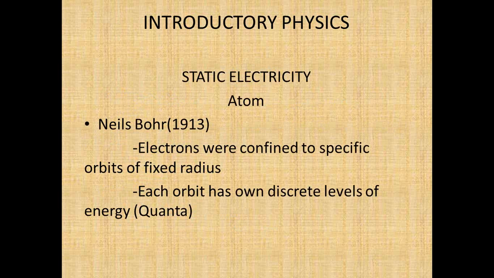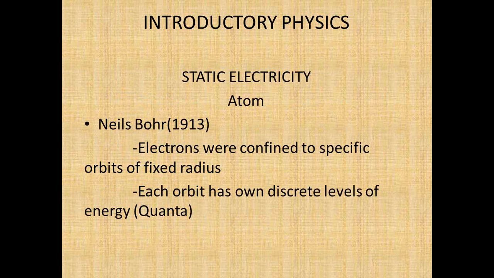Niels Bohr, in 1913, did a lot of work in this area and came up with the electron shells. So he said that electrons were confined to specific orbits of fixed radius. That is, in the atom, you have the nucleus, and the nucleus contains protons, which are positively charged, and neutrons which are neutrally charged.